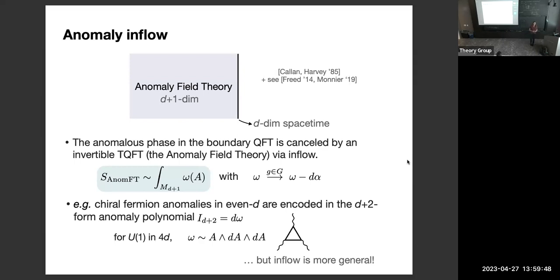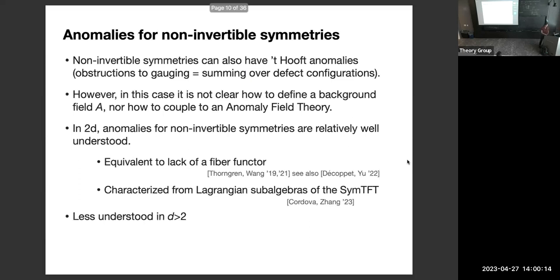But really, I want to emphasize that this picture of anomaly inflow to describe anomalies of quantum field theories is more general than this. It holds in any dimension for purely bosonic theories, and in general, thinking about these, we call them SPT phases, is the way to classify anomalies in general dimensions. So that's the picture.